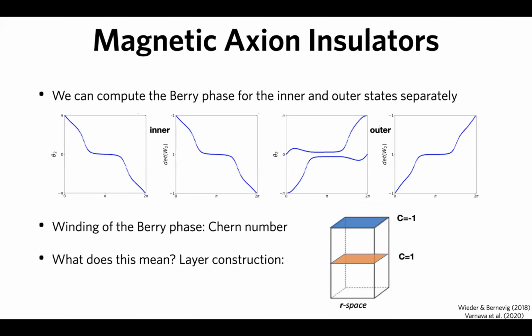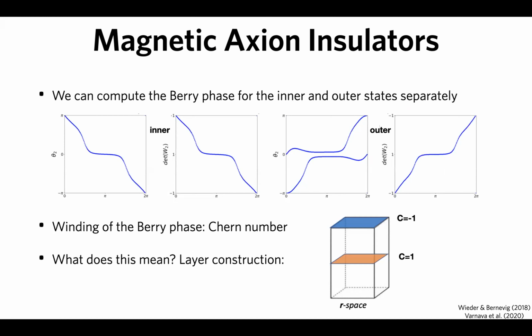What we find is that the hybrid Wannier centers for the states living near the z equals 0 plane in the occupied states have Chern number 1. And the hybrid Wannier centers for the states living in the z equals 1/2, or c over 2, plane have Chern number -1.